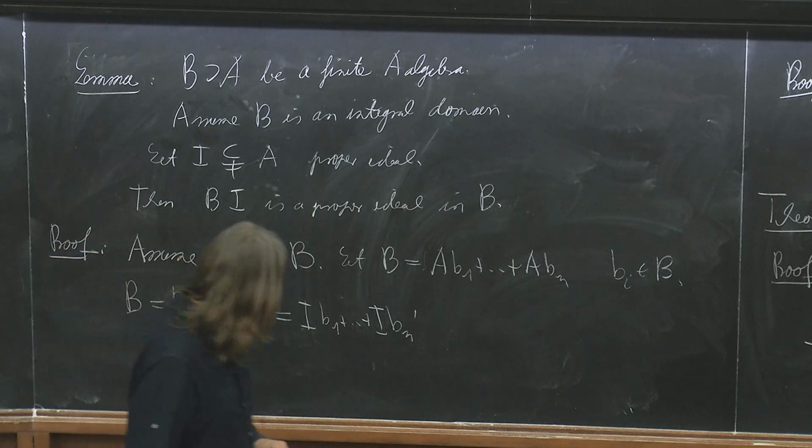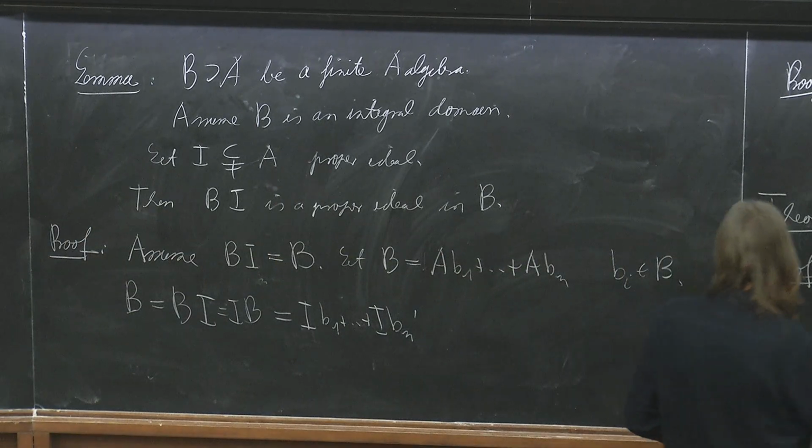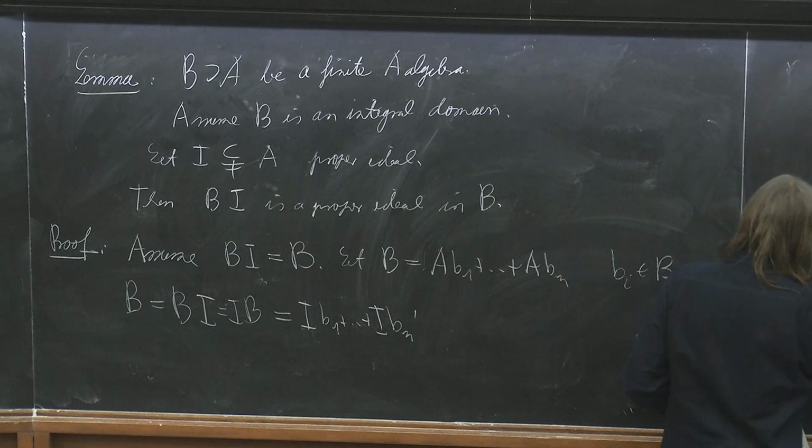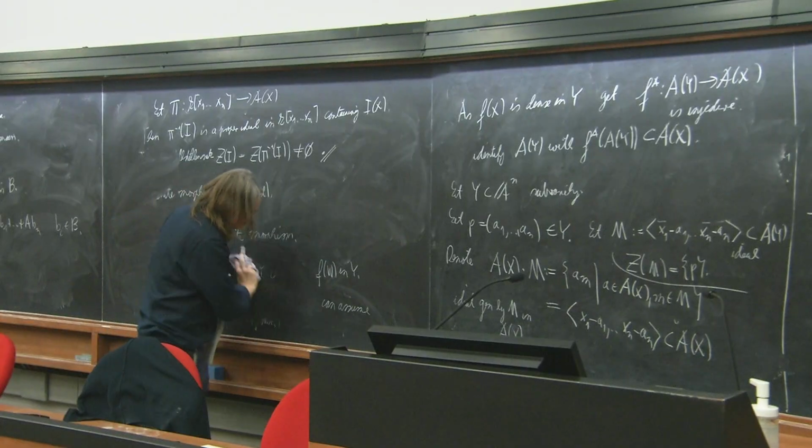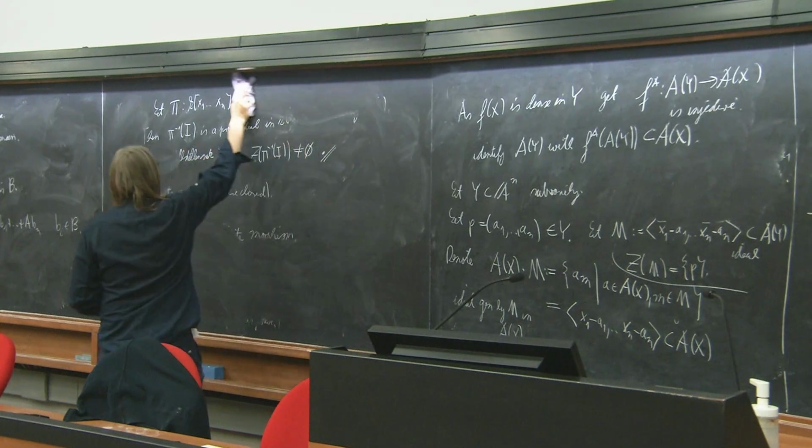And now we write this out again for our bi's themselves, and we will get again a matrix.